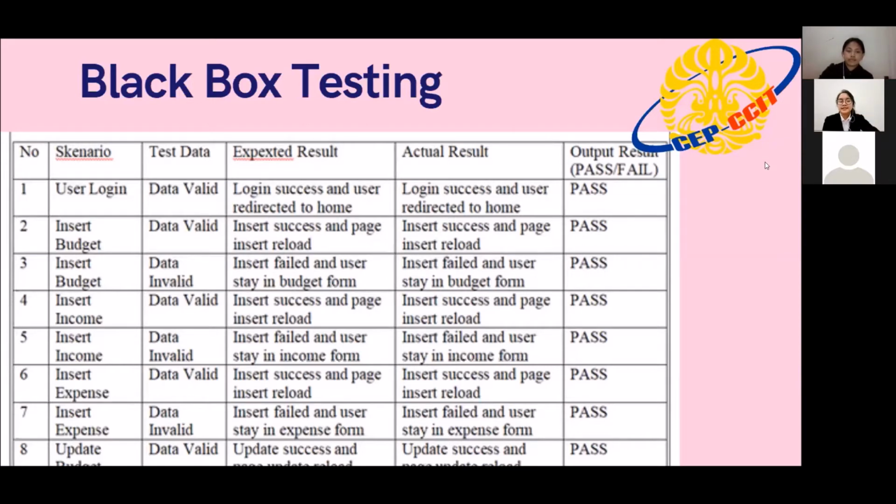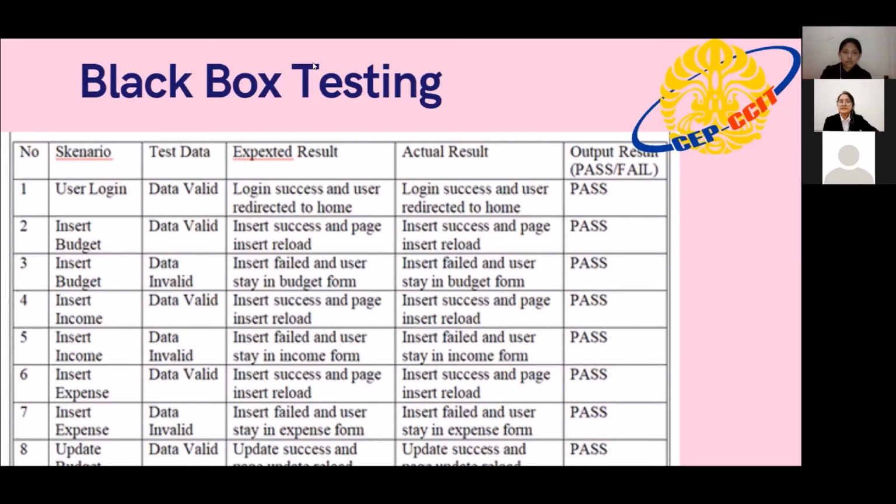Next is insert budget 2, but the test data is data invalid. The expected result is insert failed and user stay in budget form. The actual result is insert failed and user stay in budget form. This case happens when we insert the budget but don't input the description or the amount value.